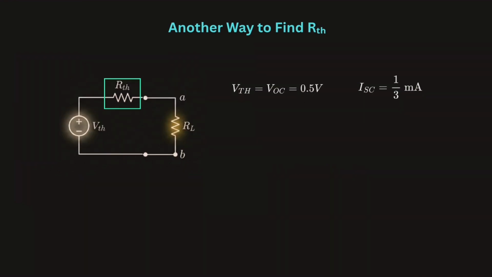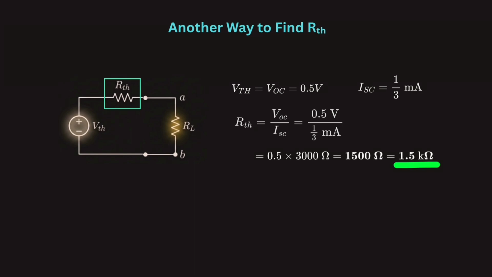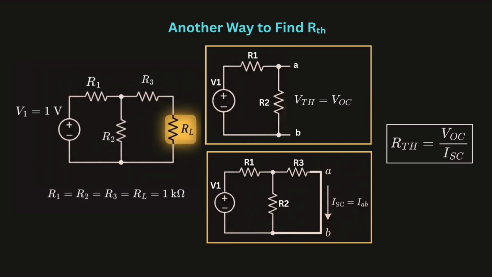Therefore, RTH equal to VOC by ISC, that is voltage when AB is open circuited and current when AB is short circuited. That gives us 1.5 kilo ohms. So we obtain the same RTH but this time directly from VOC and ISC. This method can be useful when finding VOC and ISC is easier than finding RTH by the conventional approach.